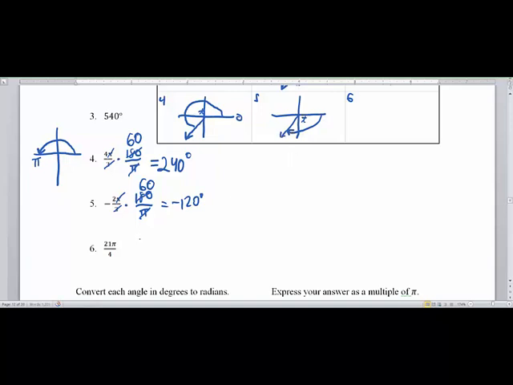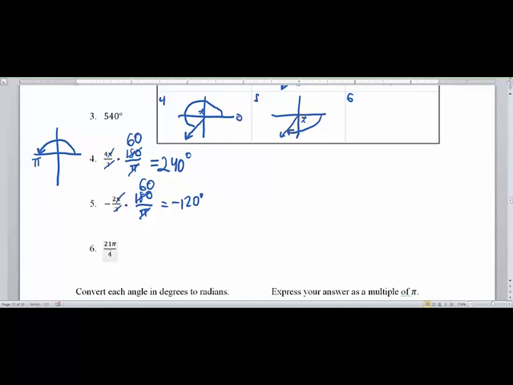Okay, so number 6 really puts the problem in a pinch right here. I would suggest that we try to convert this into degrees to make this the easiest possible. You'll see that 21 pi over 4 is way bigger than a unit circle.